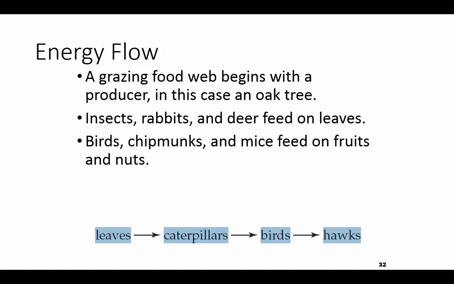You can see down at the bottom a simple food chain: the oak tree leaves get eaten by the caterpillar, which gets eaten by the birds, which get eaten by the hawks.